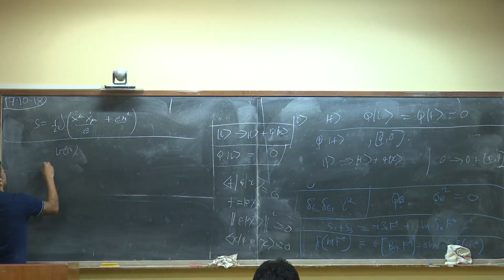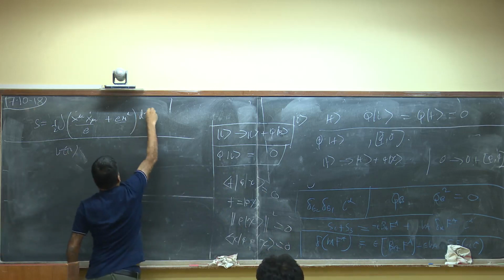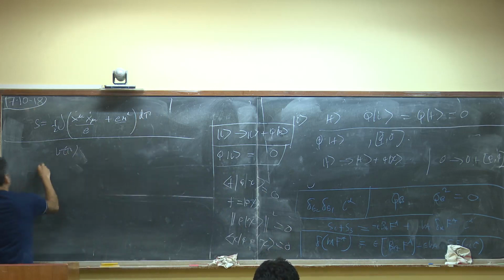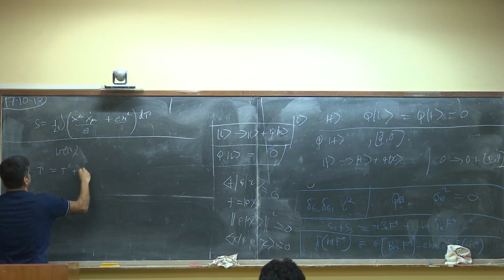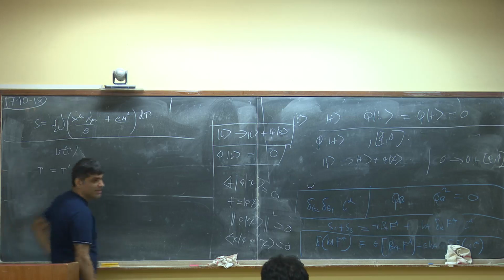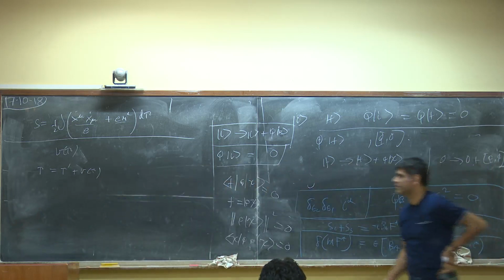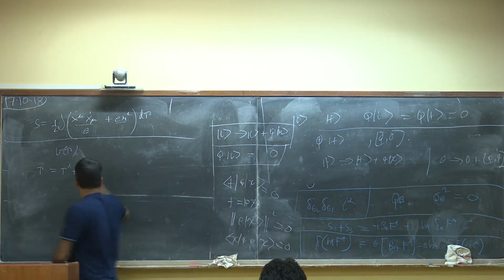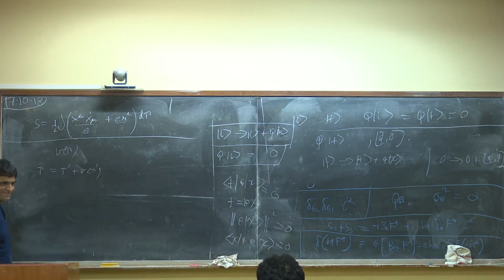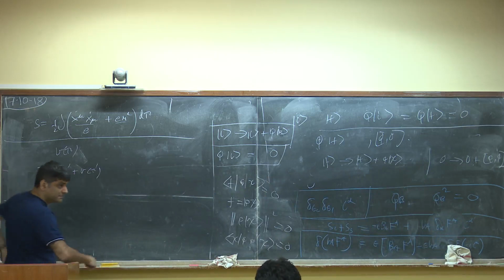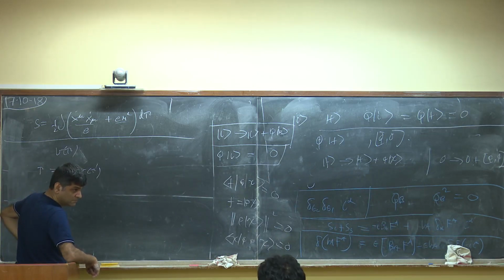So we have tau equal to tau prime plus v of tau, and v is some infinitesimal quantity. Since v is infinitesimal, it doesn't matter whether it's tau or tau prime. And there's also the scaling diffeomorphism, some scaling of tau.